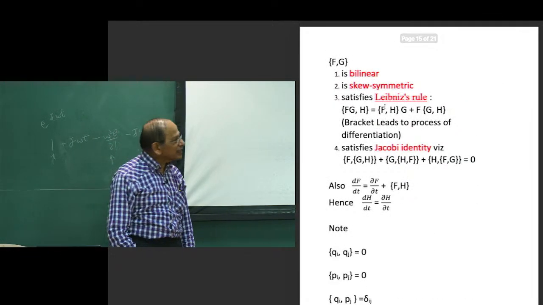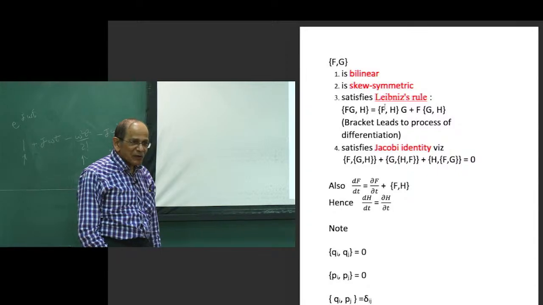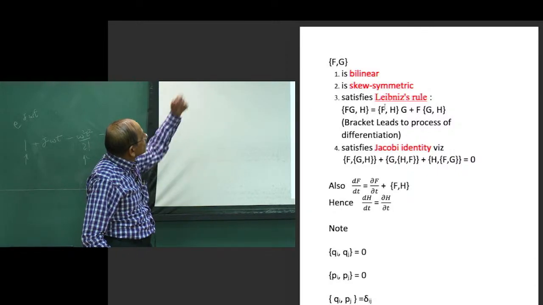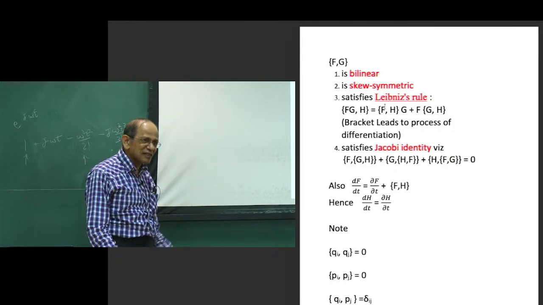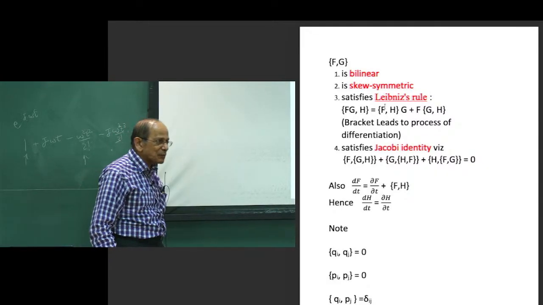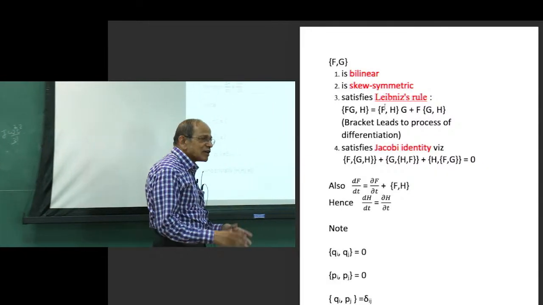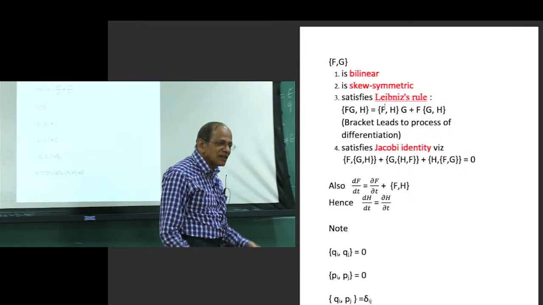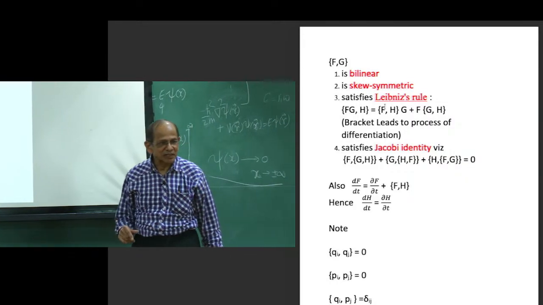Let us consider some simple properties. First property, it is bilinear. It is linear with respect to both f and g. That means if you replace f by a linear combination of two functions, you will get the corresponding linear combination.